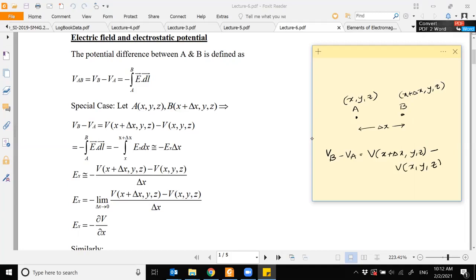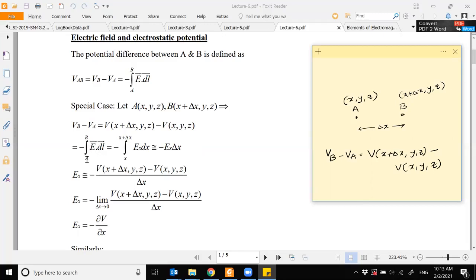We are also trying to find this VB minus VA using the earlier expression. So VB minus VA is the potential at this point minus the potential at this point. Applying the right-hand side, it will be minus the integral from A to B of E bar dot dl.